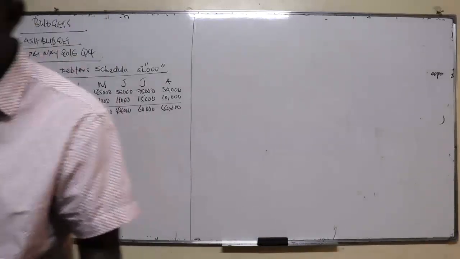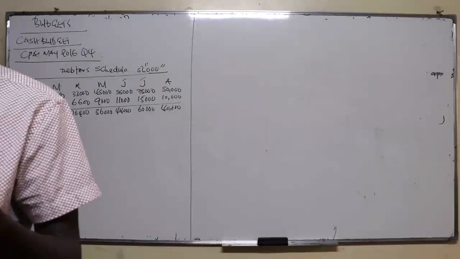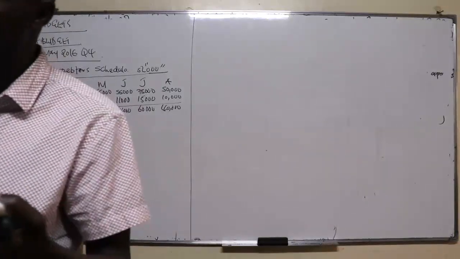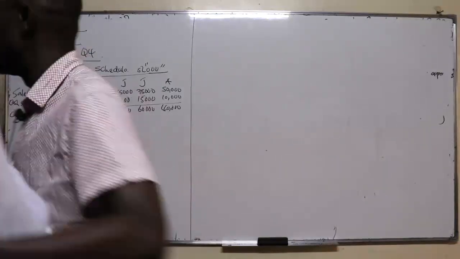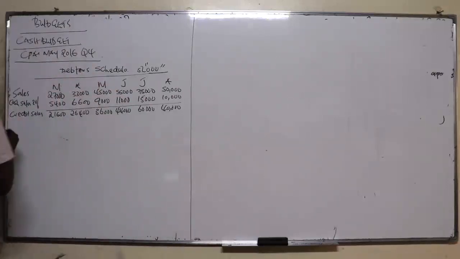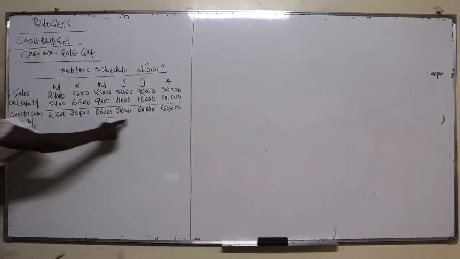We go to the instructions. We're told credit sales are collected over a 3 month period with 20% collected in the month of sale. So receipts, 20% debtors. Those are collected in the month of sale, 20% of these credit sales.